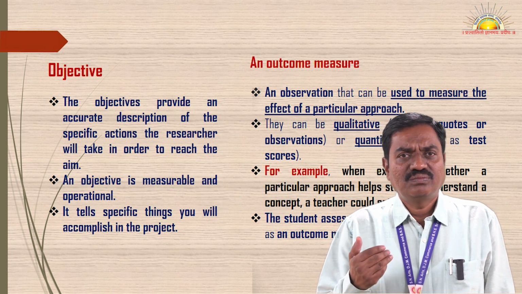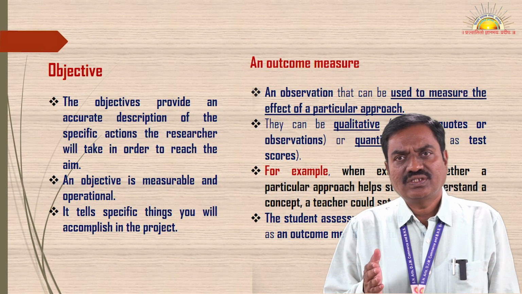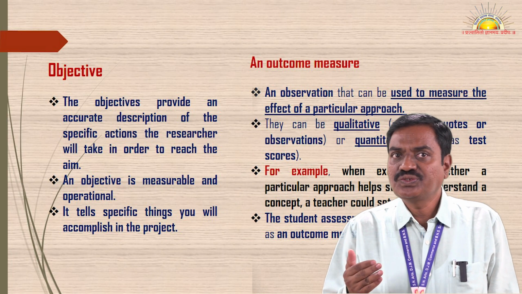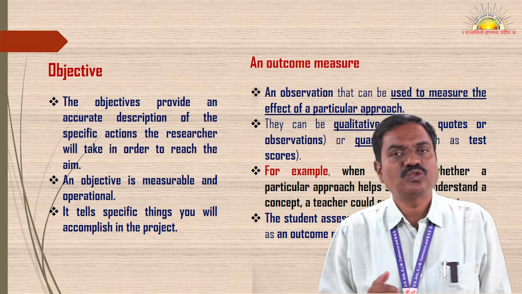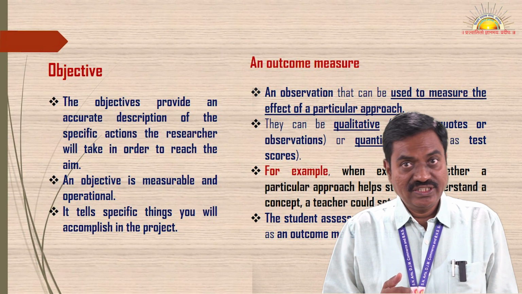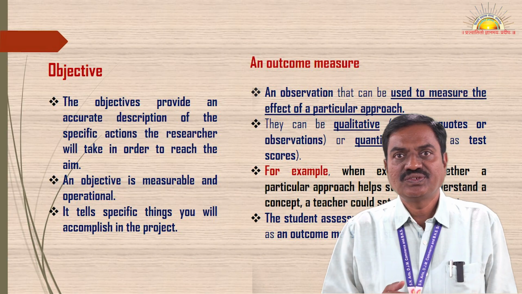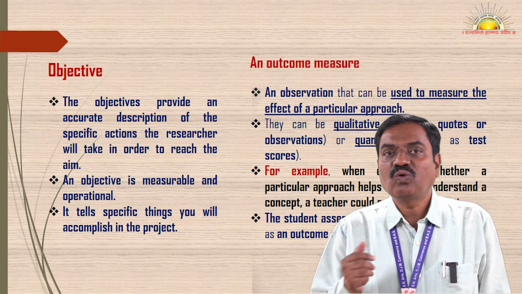The next term is an outcome measure. An outcome measure is an observation that can be used to measure the effect of a particular approach. Outcome measures can be qualitative, such as quotes or observations, or quantitative, such as test scores.